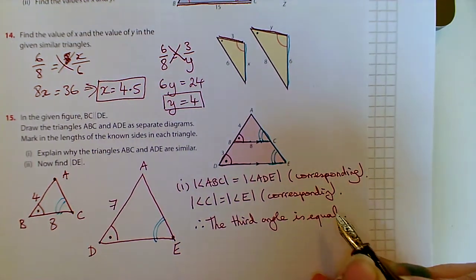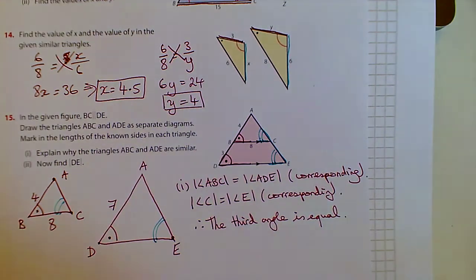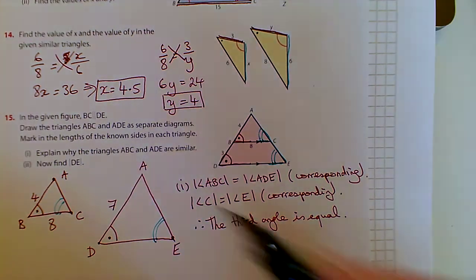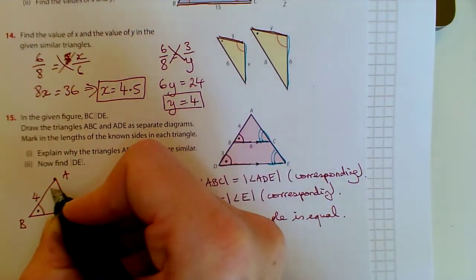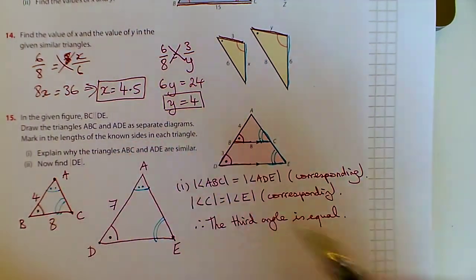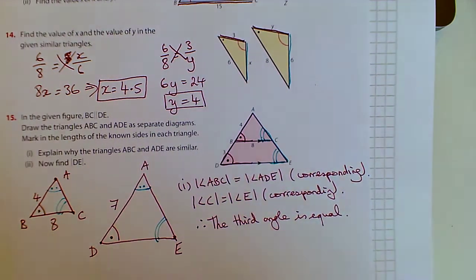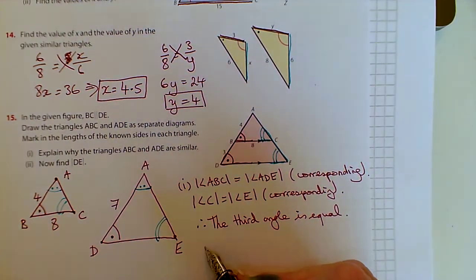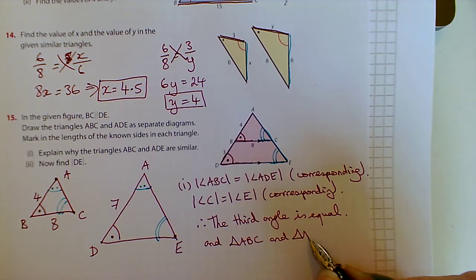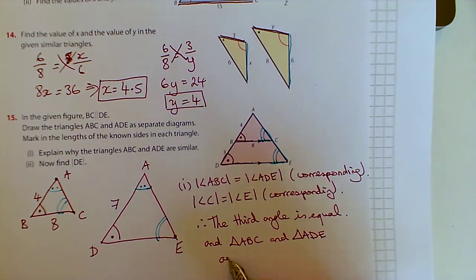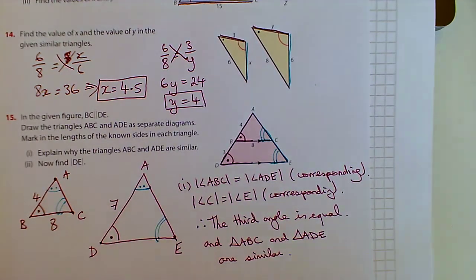As we've discussed previously, but also because it's exactly the same angle. This angle up here is the angle A in both cases, so it must be equal. And the triangle ABC and the triangle ADE are similar. Now find DE.